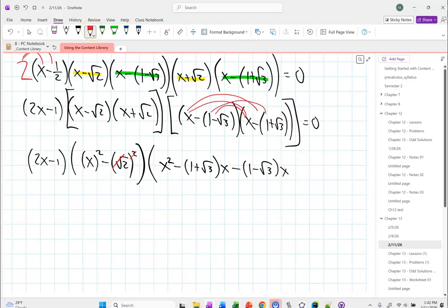And then negative 1 minus square root 3 times negative 1 plus square root 3. Is everybody okay with how I FOILed that out? Again, notice I thought of the 1 minus square root 3 and the 1 plus square root 3 just as one thing. Just makes my life a little bit simpler to do it this way. Everybody so far so good? Okay.